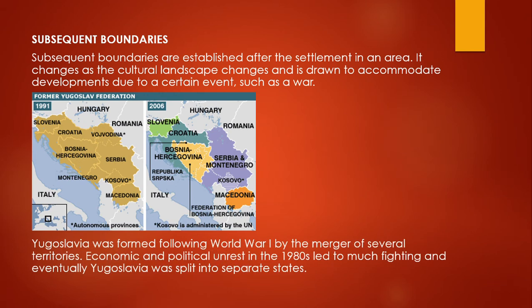Yugoslavia was formed following World War I by the merger of several territories. Economic and political unrest in the 1980s led to much fighting, and eventually Yugoslavia was split into separate states. So before the war, Yugoslavia was one solid state. But after the political war, it was separated into different states.